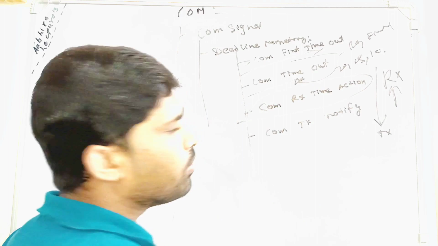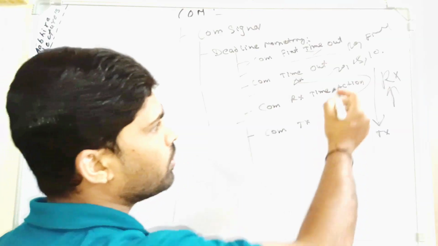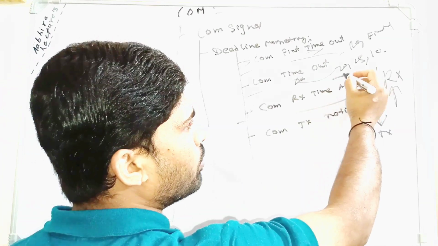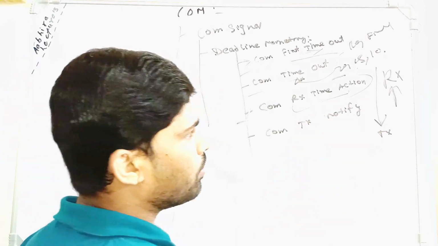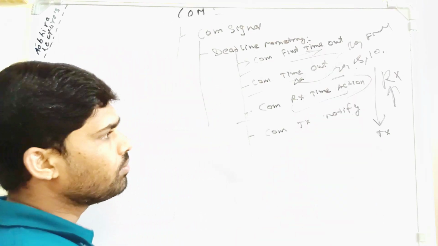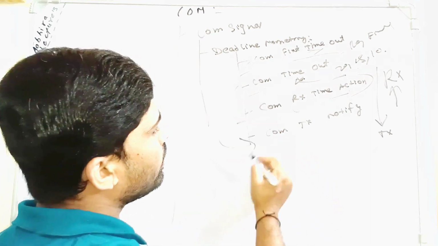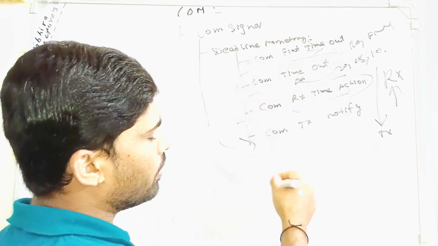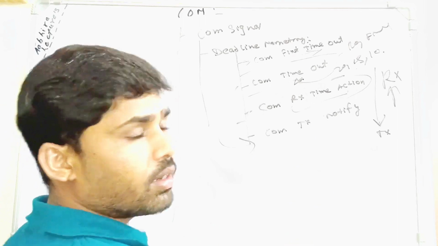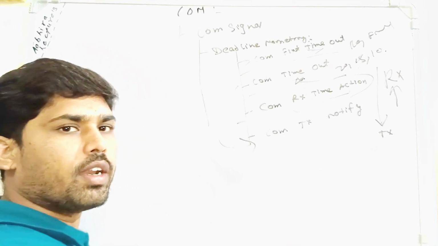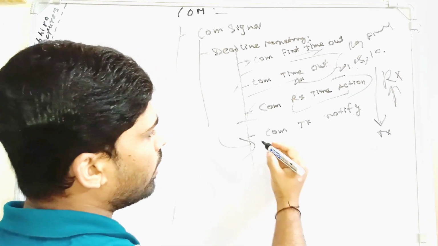Okay, so on the rx side, com rx will take some action. Suppose again the signal will not transmit within some seconds, then on the rx side it will take some action. And on the tx side, when within some seconds, 20 second or 10 second, the signal will not transfer, then com will notify. To whom?